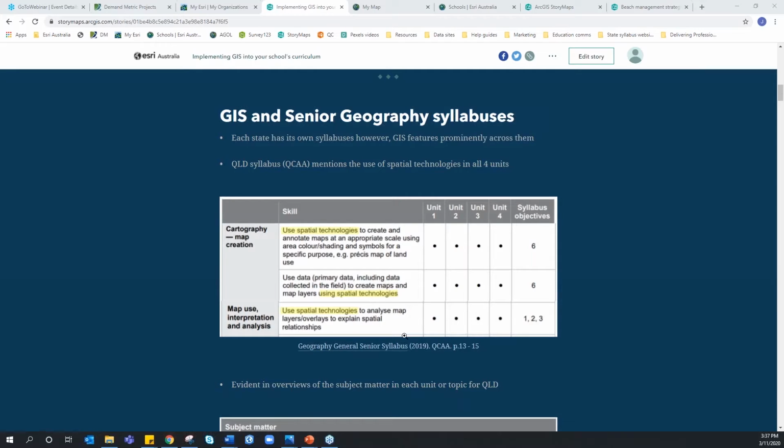And students will use spatial technologies to analyze map layers, overlays, in order to determine spatial relationships. You can notice that it's mandated in all 4 units. So there isn't any unit, any term of their senior schooling where they're not in some way or shape engaging with geospatial technology. And I'd probably point out that a lot of this would come in during an assessment phase too.